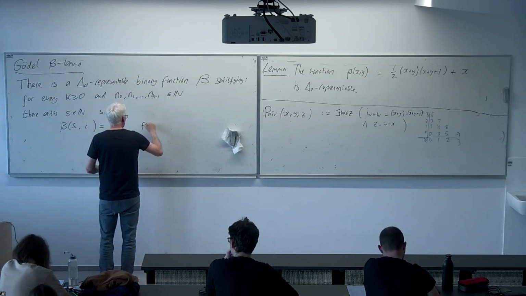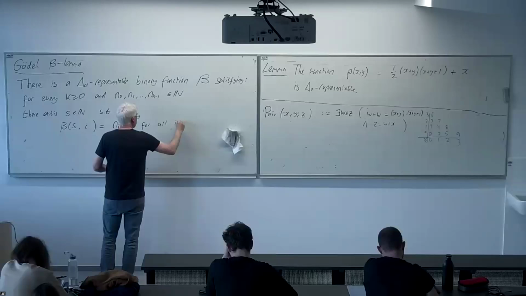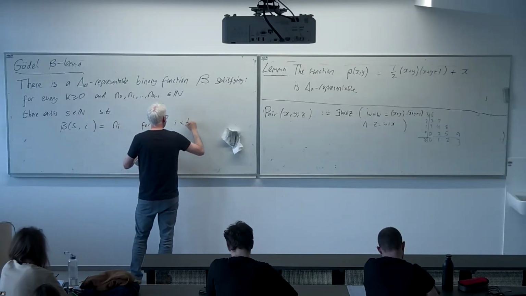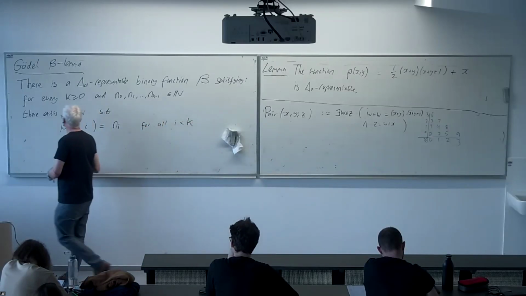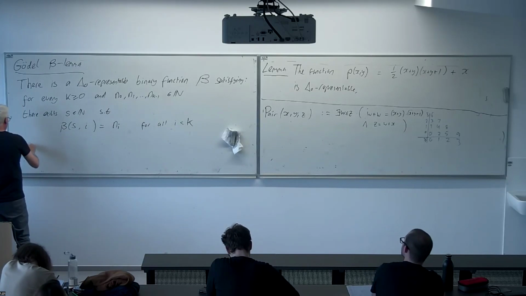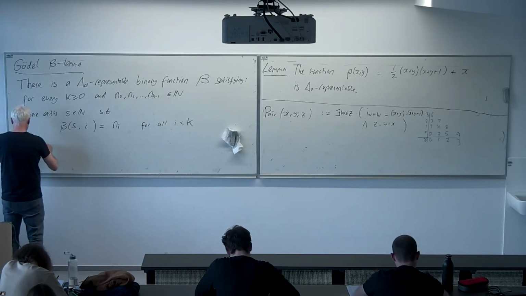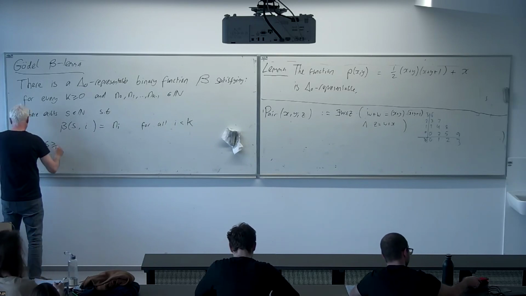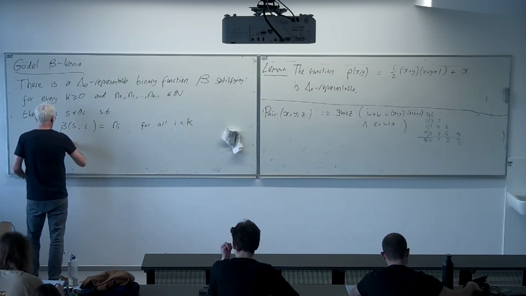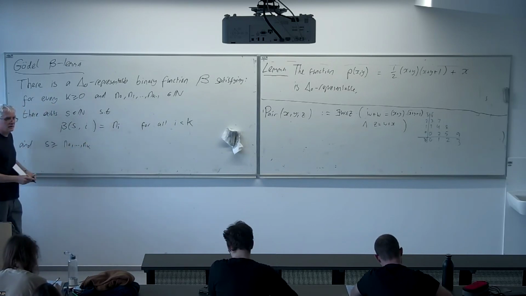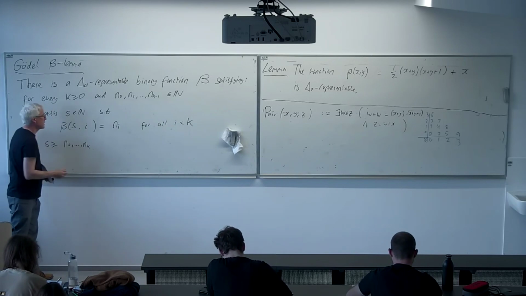This is true for all i strictly less than k. And moreover, s is at least as large as all the numbers n0 up to nk. Okay. So s is not too small.